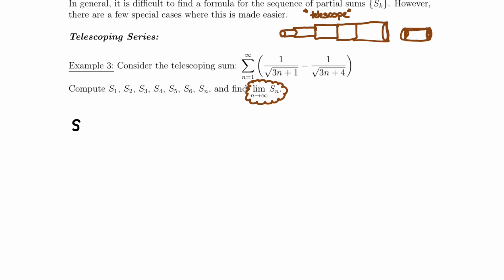I want to start first by just computing the first partial sum. And what is that? That's just putting n equal 1 and writing down what that first term is, right? So if I put n equals 1 into my series, what are you guys getting?